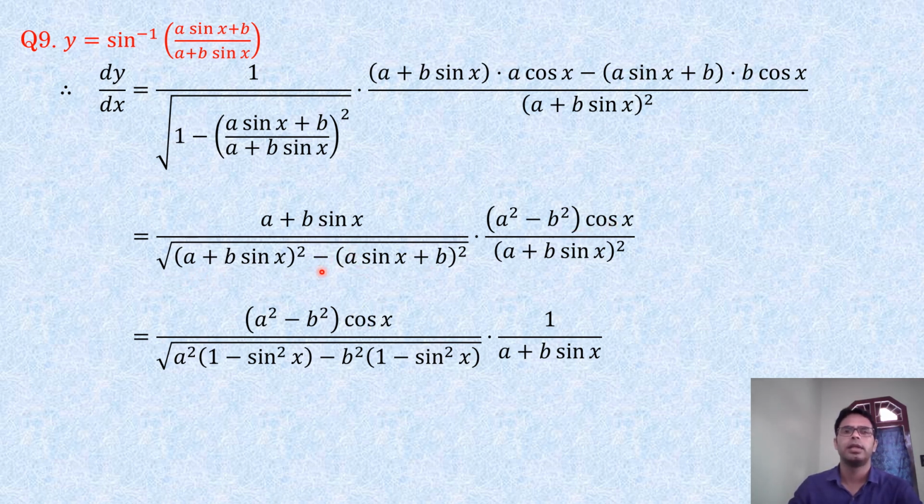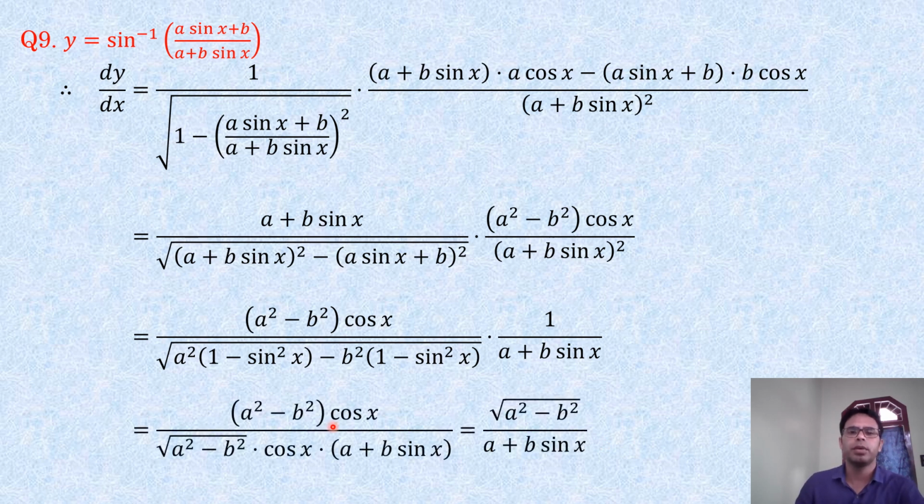And here, after completion of the square term, twice ab sin x and here minus twice ab sin x will cancel, and then a square common from this term 1 and from this term sin square remaining, minus b square common from this term 1 and minus sin square is there, into 1 by this remaining because one of the a plus b sin x is cancelled. Then a square minus b square cos x is there.